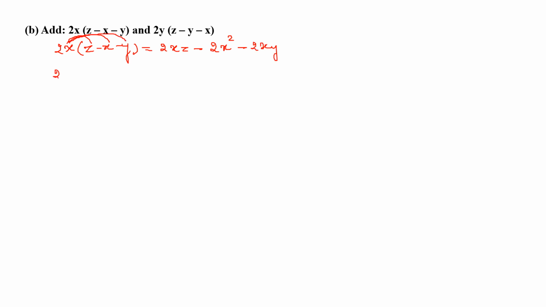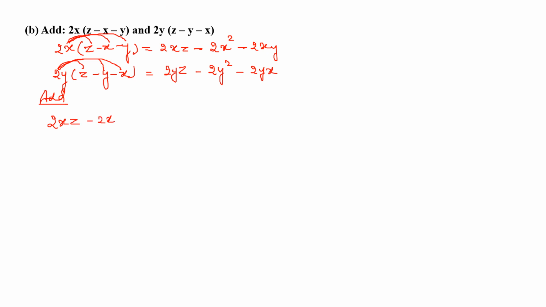Now the second one is 2y multiplied with z minus y minus x. So 2y multiplied by z will give me 2yz, minus 2y multiplied with y will become 2y square, minus 2y multiplied by x will give me 2yx. Now you have to add it.